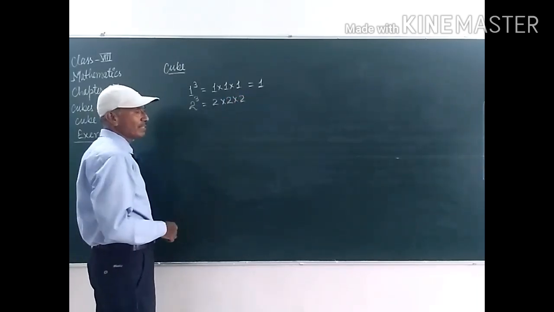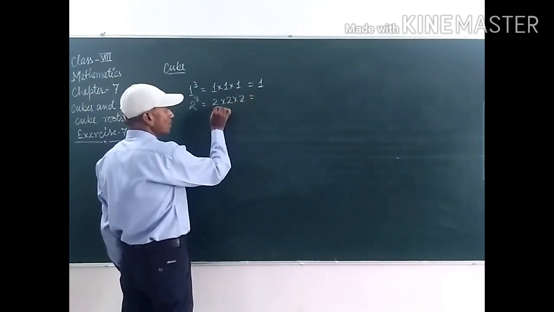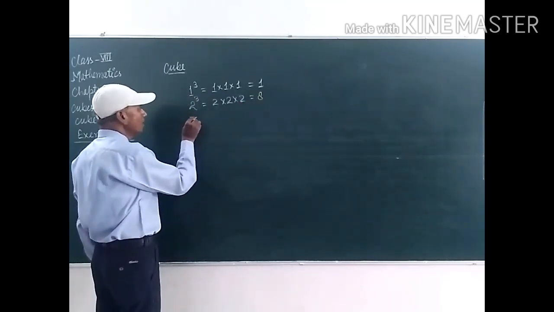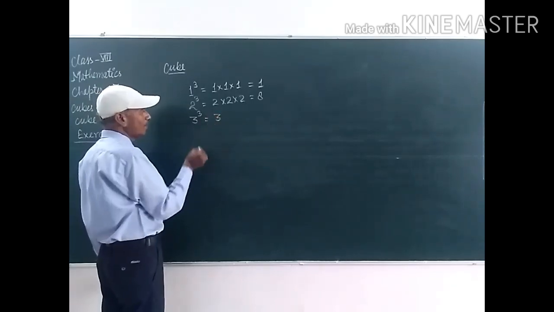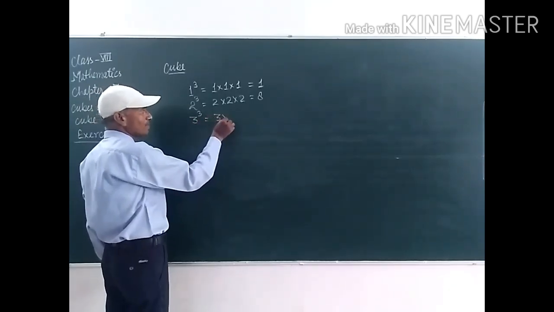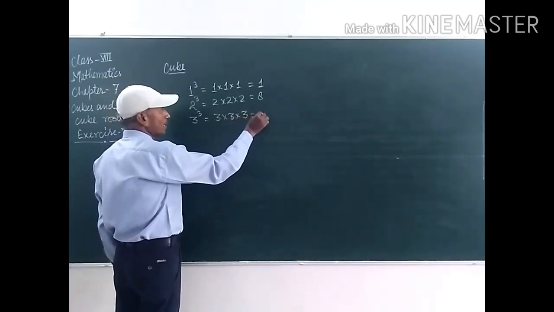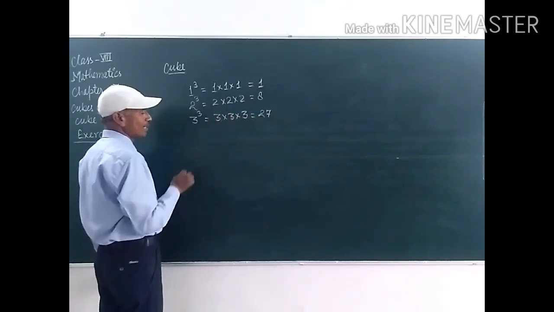So 2 into 2 into 2, that is 2 twos are 4, 2 fours are 8. 3 cube, 3 raised to the power 3, means we have to multiply 3 three times. 3 into 3 into 3, that is 27, student. 3 threes are 9, 3 nines are 27.